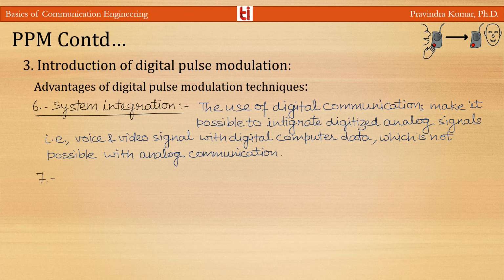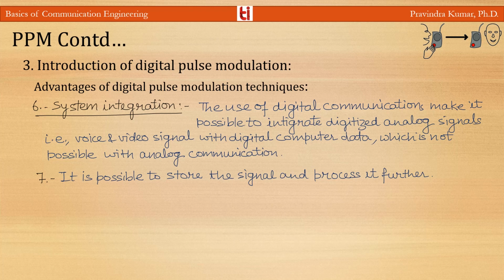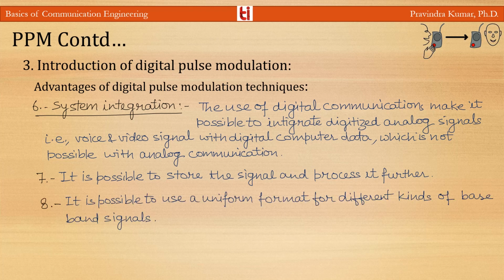It is not possible with an analog communication system. The seventh point is that it is possible to store the signal and process it further. The eighth point is that it is possible to use a uniform format for different kinds of baseband signals. So all these are possible for digital communication only.